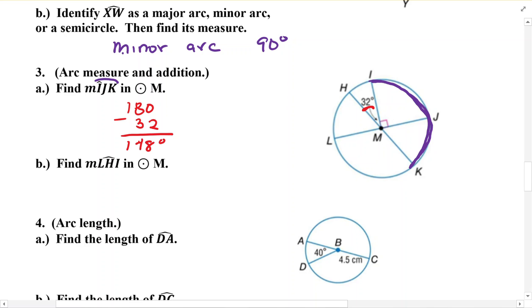If that's 148 degrees and this is 90, this would make this angle right here have to be 58 degrees, because 148 minus 90 is 58. Since this is a vertical angle, this would also be 58 degrees.